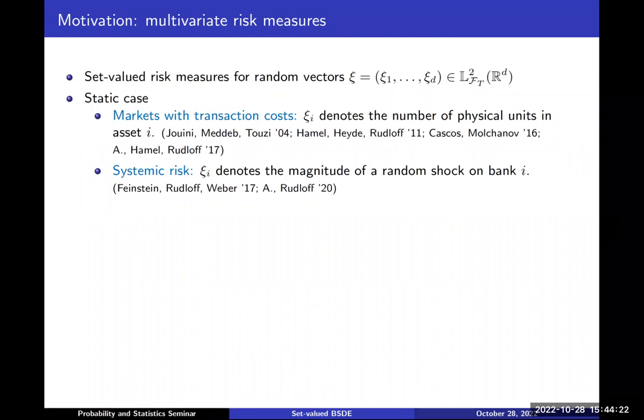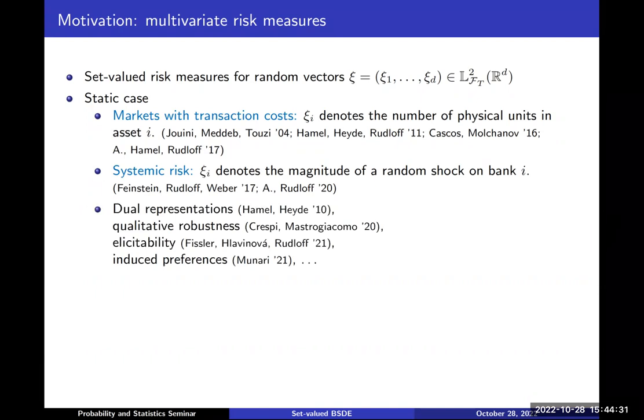So this motivation might come from systemic risk or markets with transaction costs. Many nice theoretical features for this kind of situation have already been established. The important thing is that now we have a vector, C.